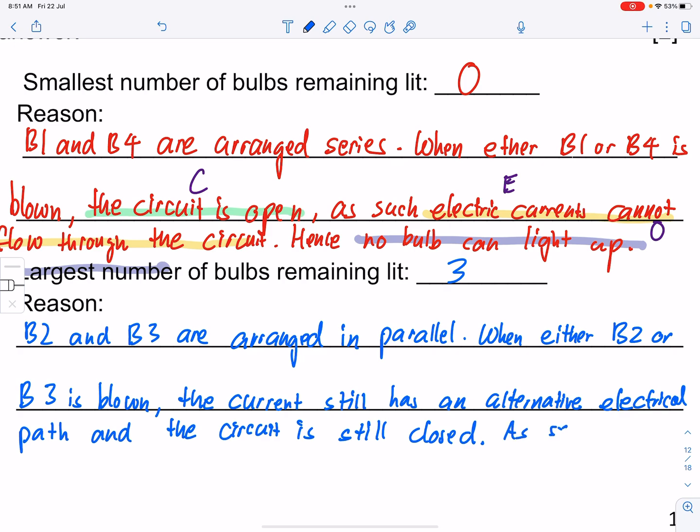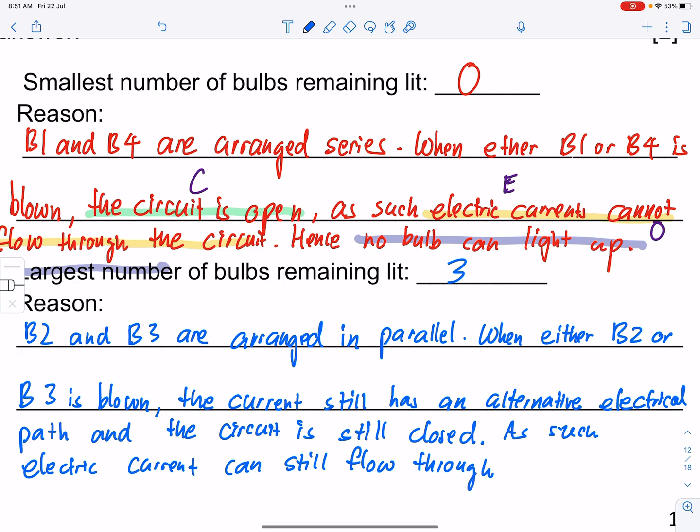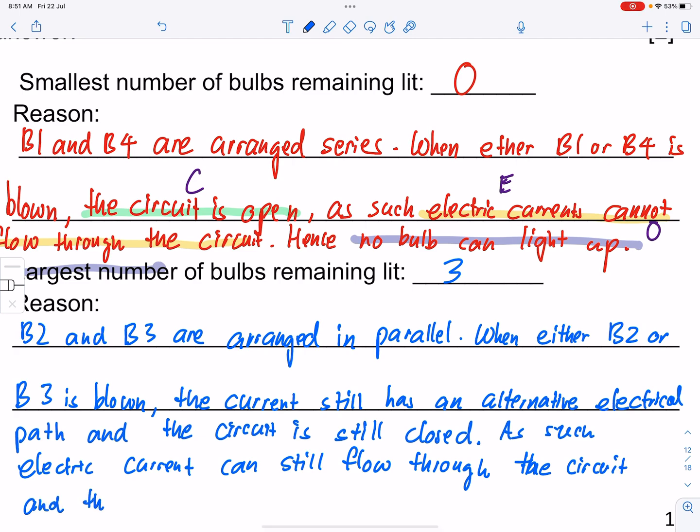As such, electric current can still flow through the circuit, and the remaining 3 bulbs will light up.